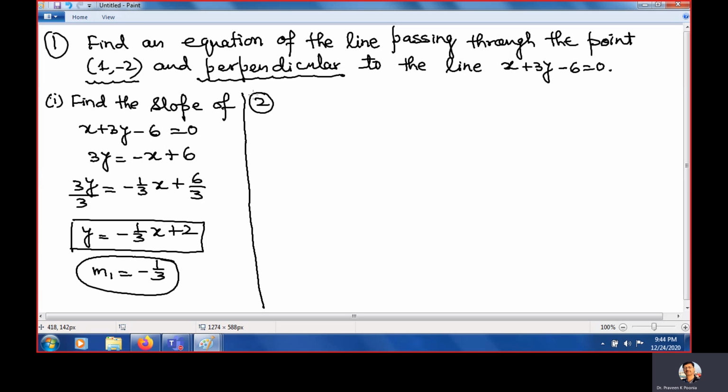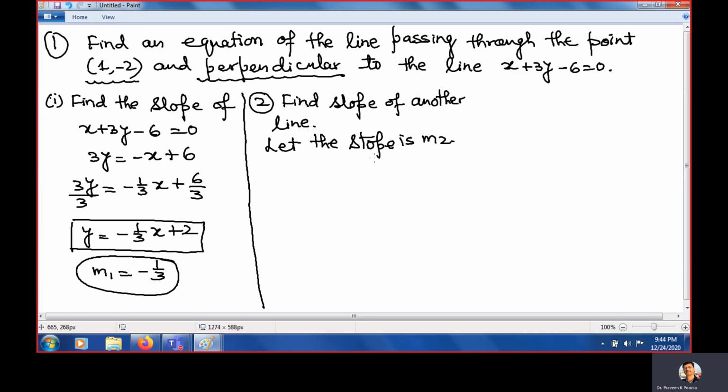Now you need to find the slope of the other line. Clear? Let the slope be m2.